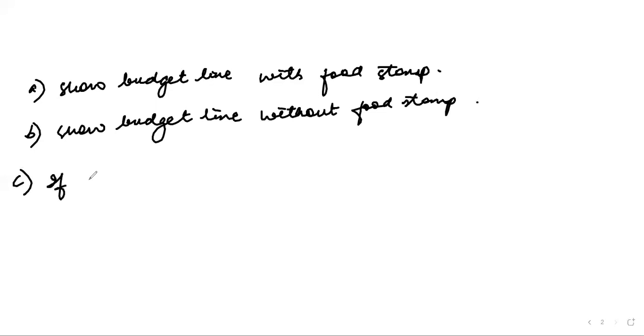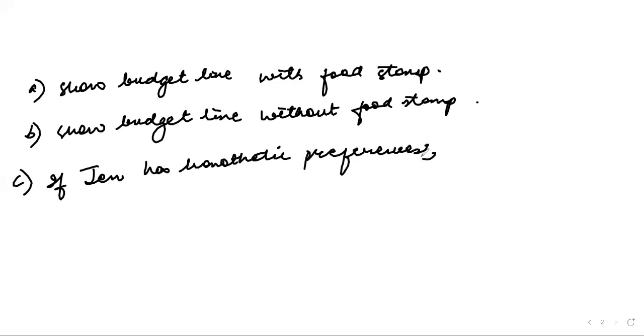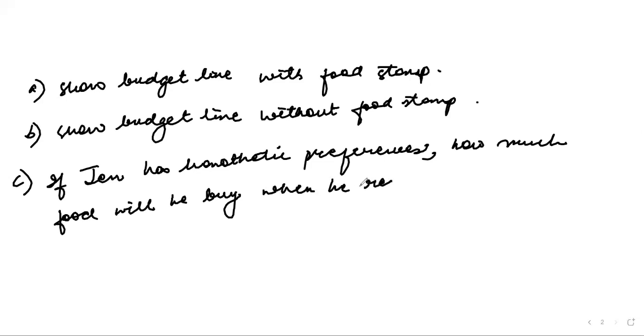C. If Jen has homothetic preferences, how much food will he buy when he receives the food stamps? Okay, these are the parts to the questions that we have.